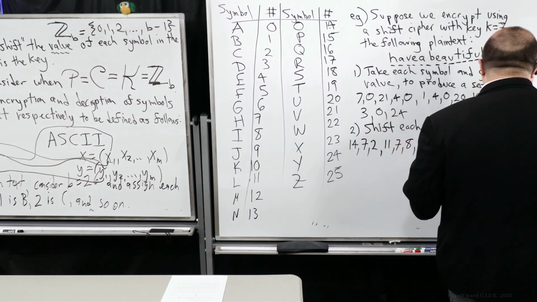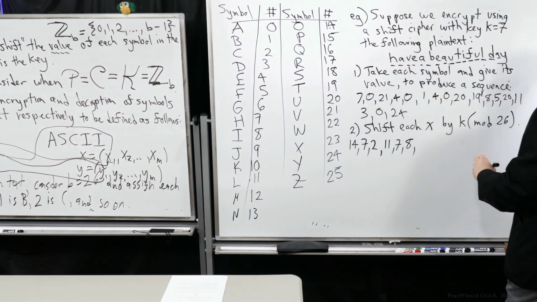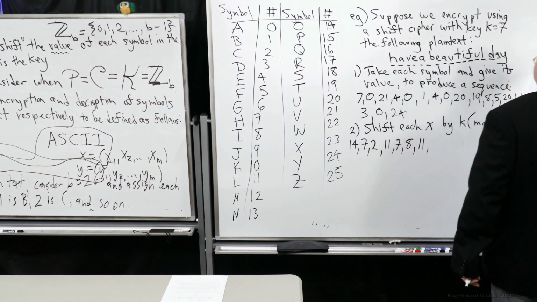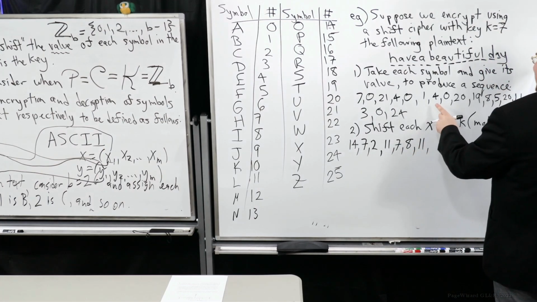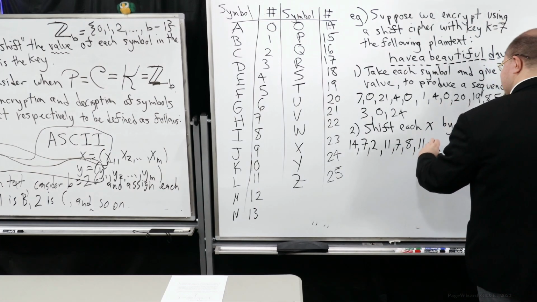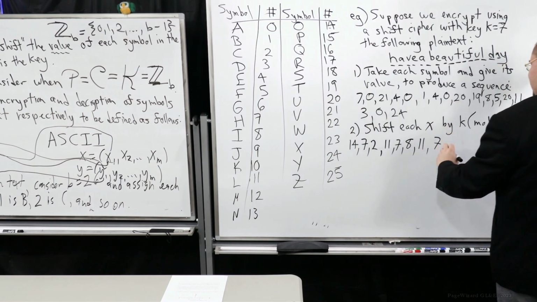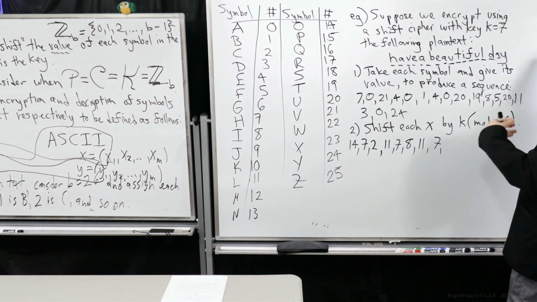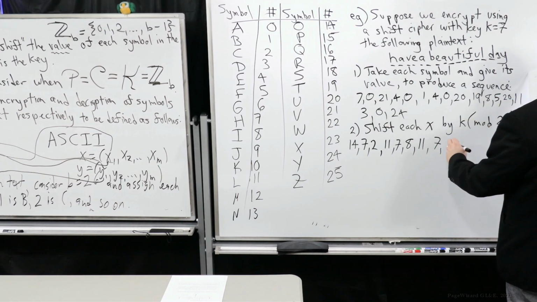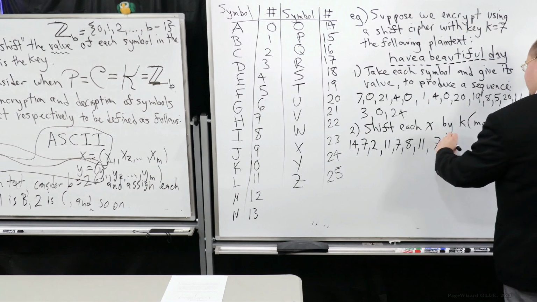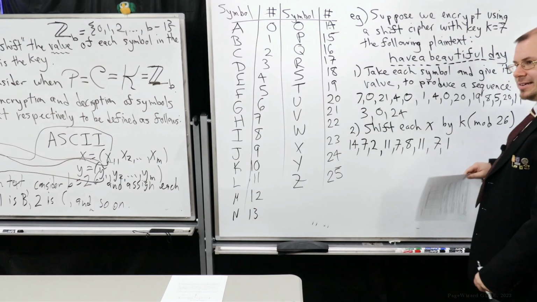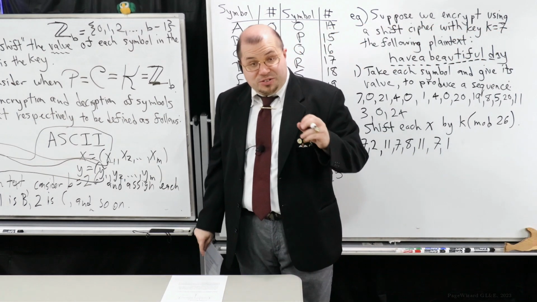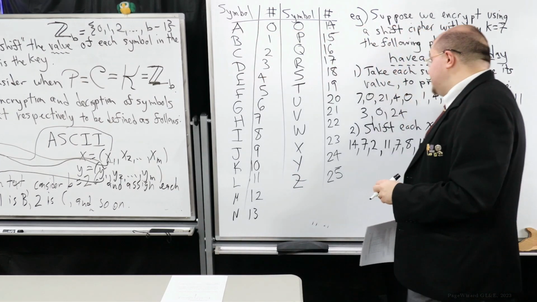I sure hope that is correct. 4, we got 11 again. Then we've got 7 again, because that's 0. 20 plus 7 is 27. Mod 26, that should just be 1, right? Because 26 mod 26 is 0. So that means 27 mod 26 is 1.